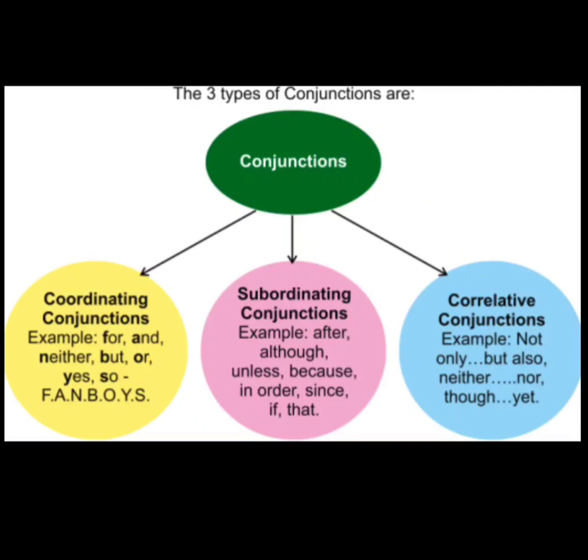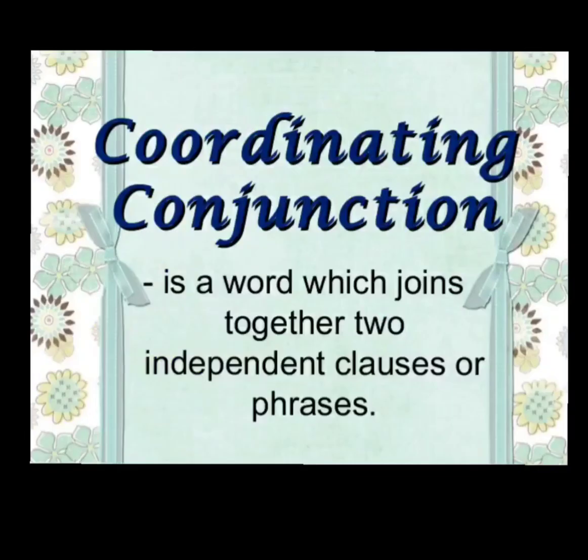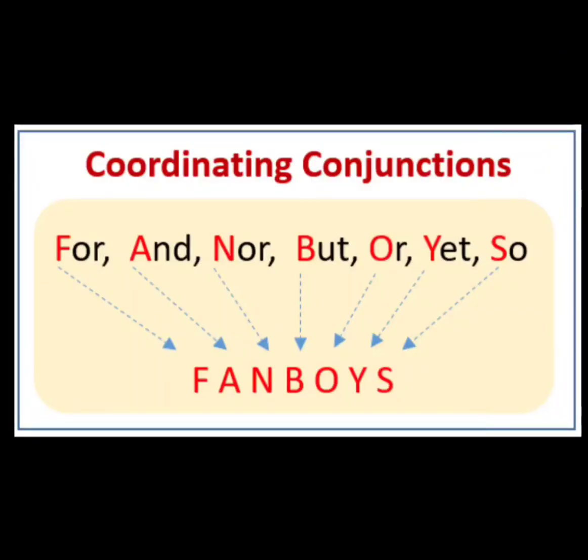So students, what are coordinating conjunctions? You have to see in the name itself. Coordinating, the one which coordinates with each other, right? So these are very simple and most of the time we use coordinating conjunctions. So coordinating conjunctions such as and, but, or, nor, for, yet, so, these are used to join two independent clauses.